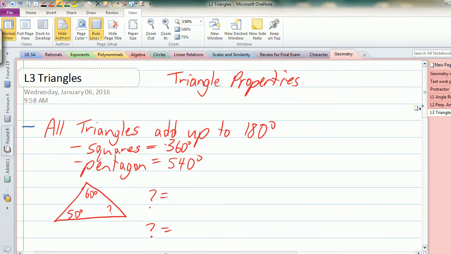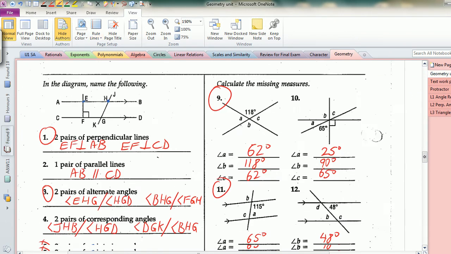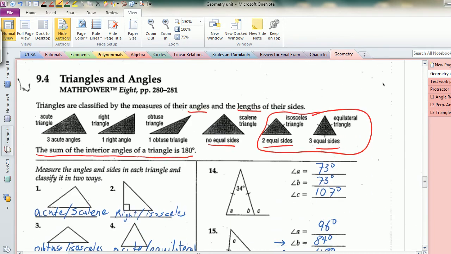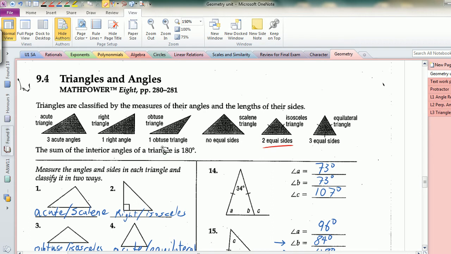Okay, so today we're looking at triangle properties. If you have a look at 9.3, you can see that they talk all about the different types of triangles. The triangles can be classified based on two things, the angles and the lengths.